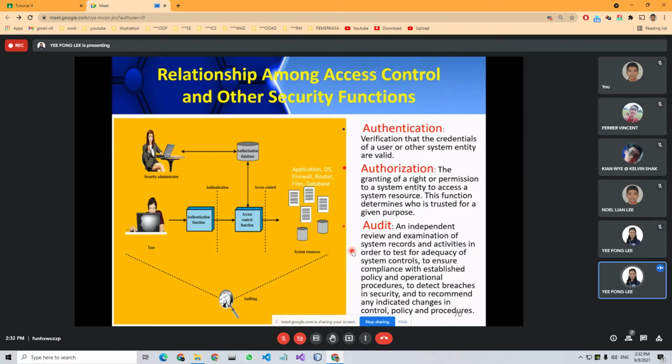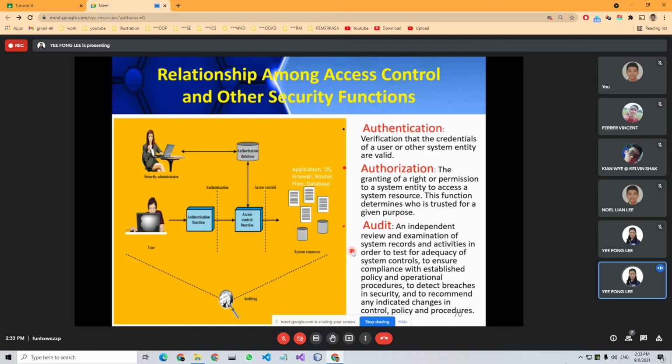Right, that's for authentication. And then audit here means independent review and examination of system records and activity, in order to test the adequacy of the system controls, to ensure compliance with the policies and operational procedures.